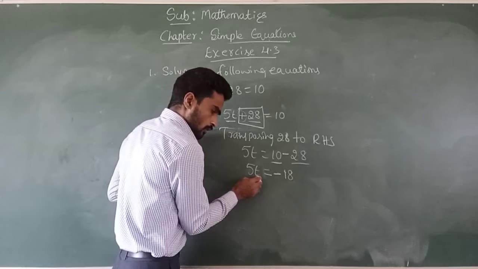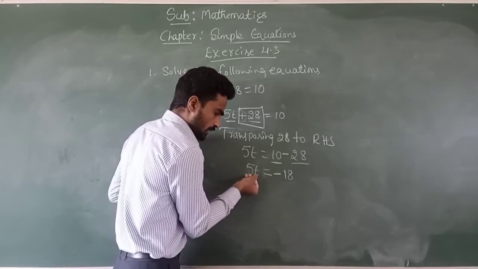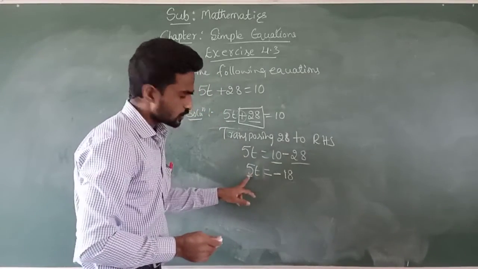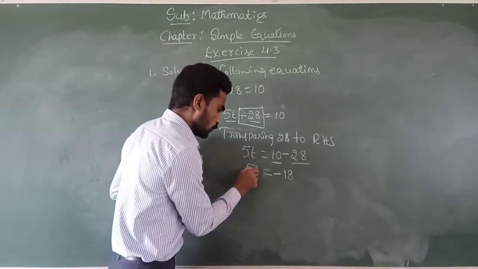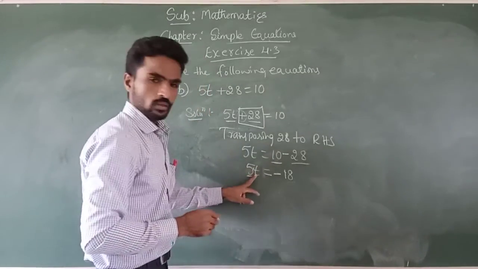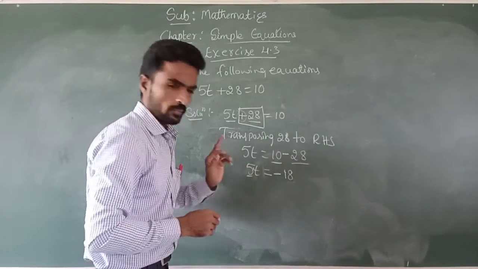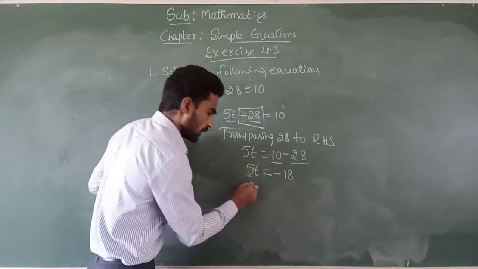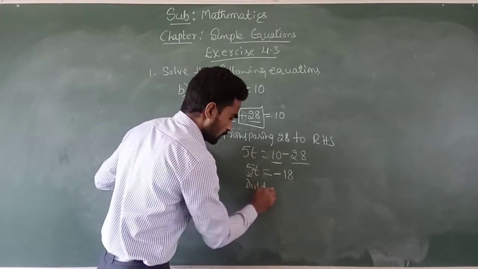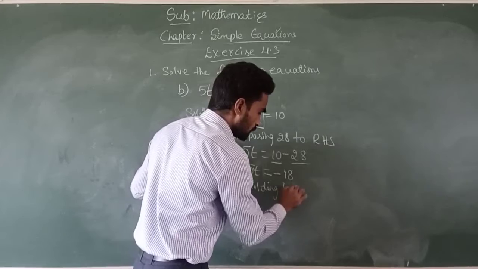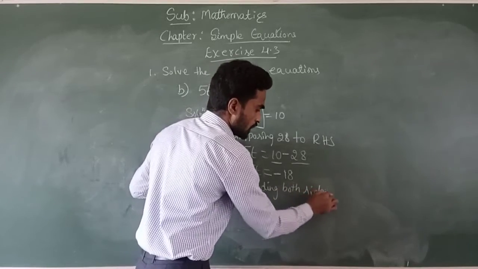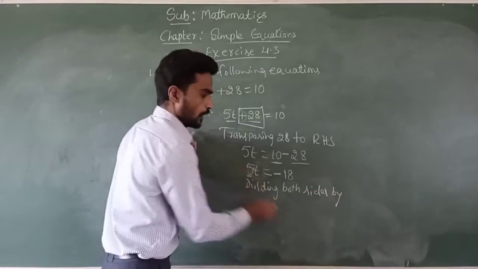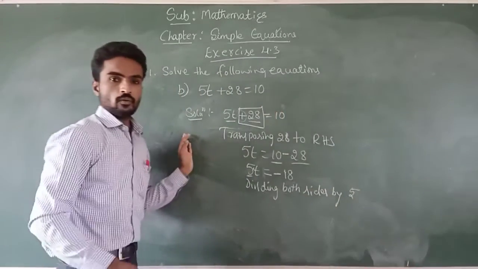Here the coefficient of t is 5. For cancelling this coefficient, since 5 is multiplied to the variable t, we divide both sides by 5.